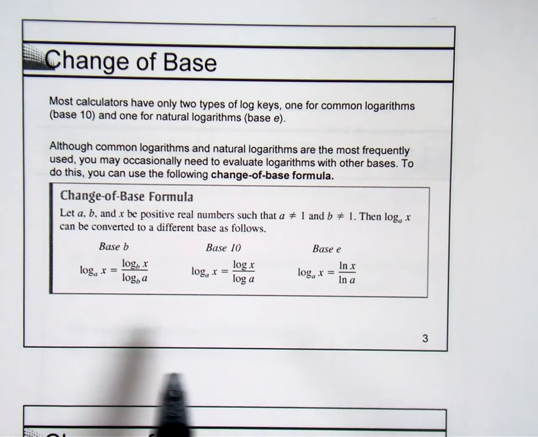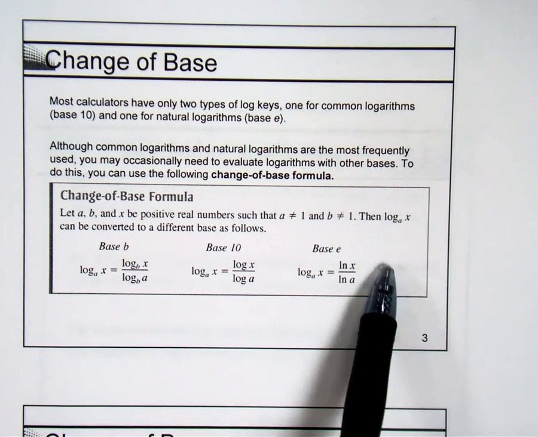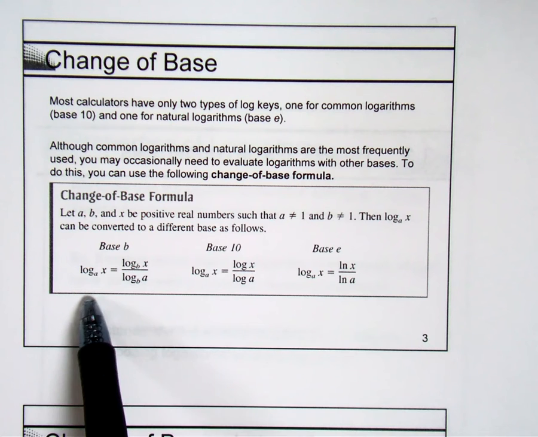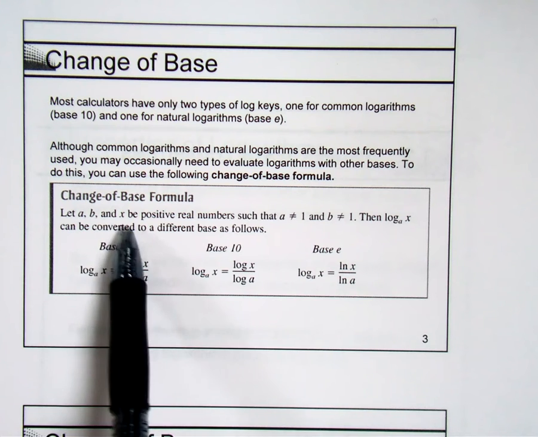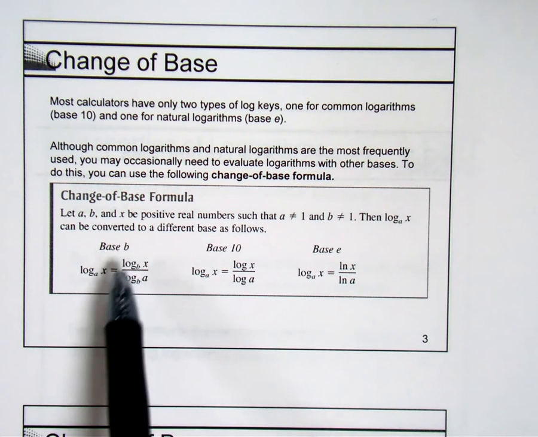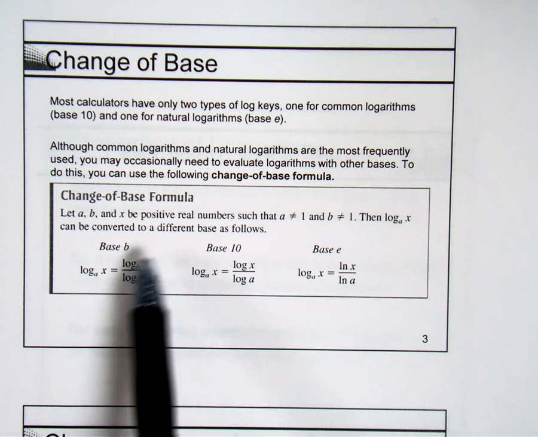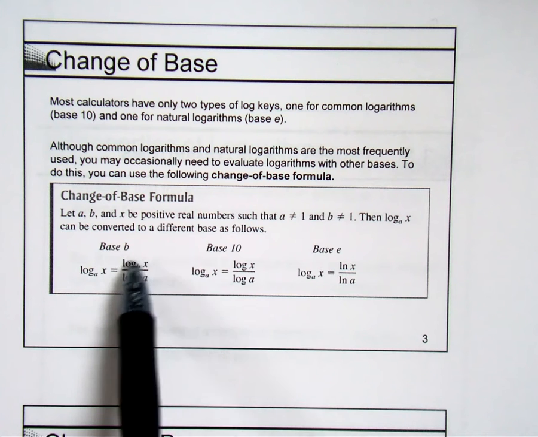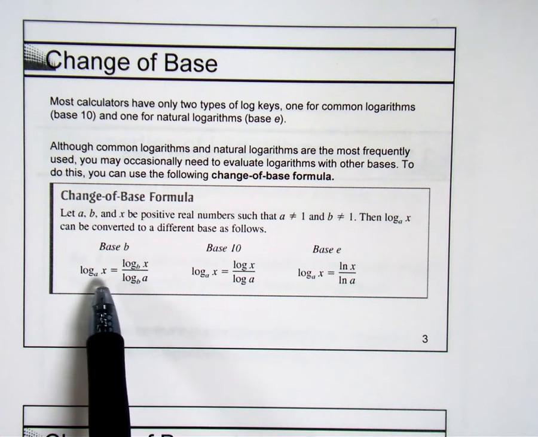So if you're changing to a different base, say you have log base A of x and you're changing it to the new base B, you put log base B of x on the top, and then log base B of what your old base used to be, A, on the bottom.